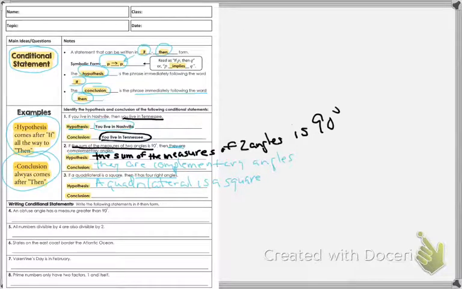The conclusion: it has four right angles.